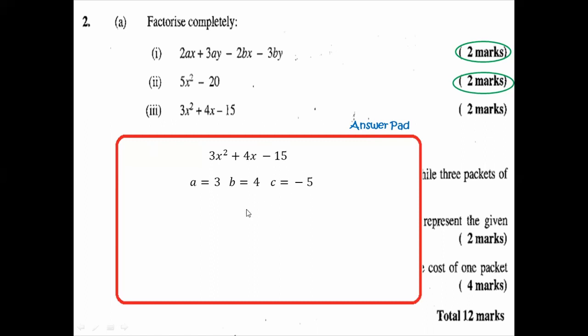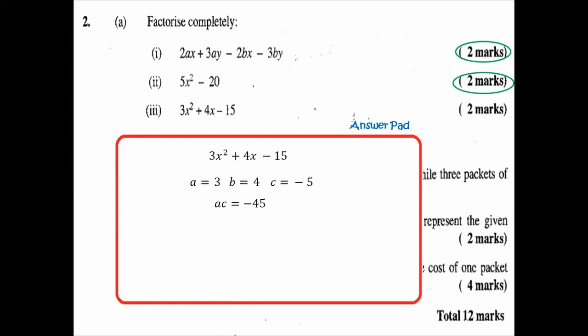All right, so the next step after that now is to write down what AC is. AC is minus 45. That's multiplying the A value by the C value. We're looking for two factors of 45. When we add them, we get what the B term is, which is 4.